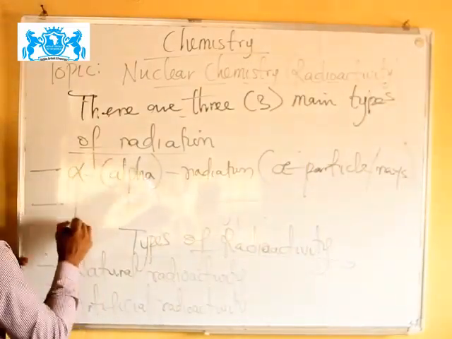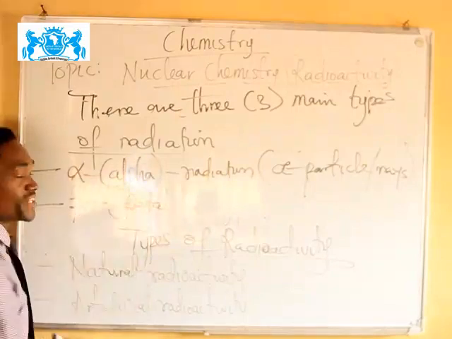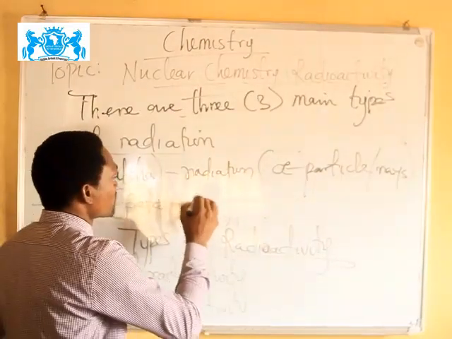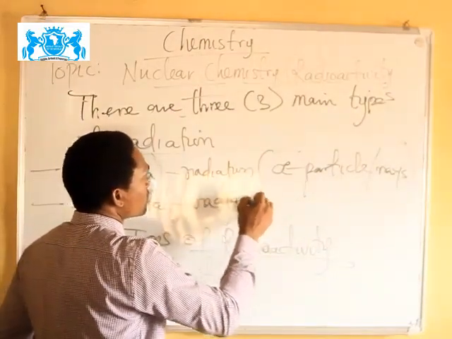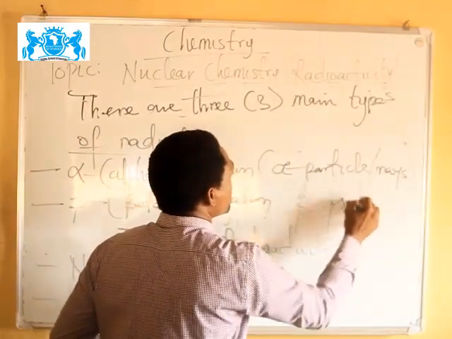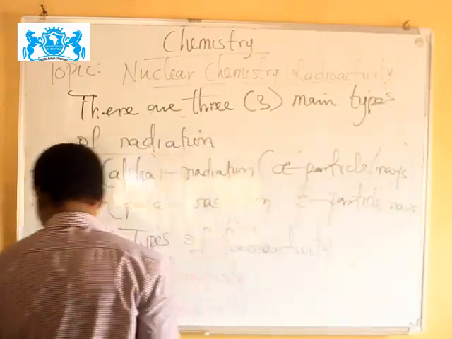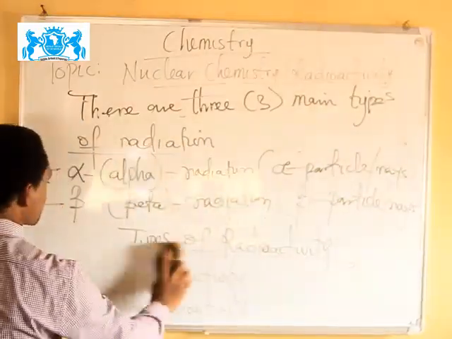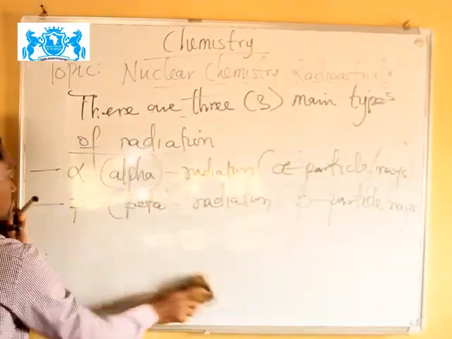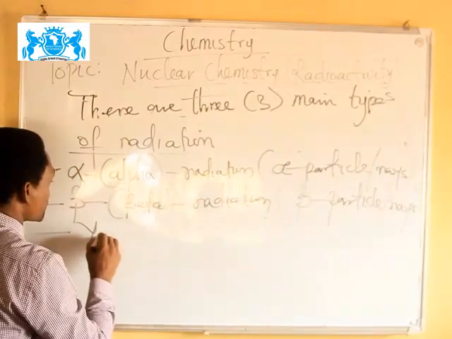And next we have the beta radiation, or you call it the beta particle or rays. And lastly we have the gamma radiation.